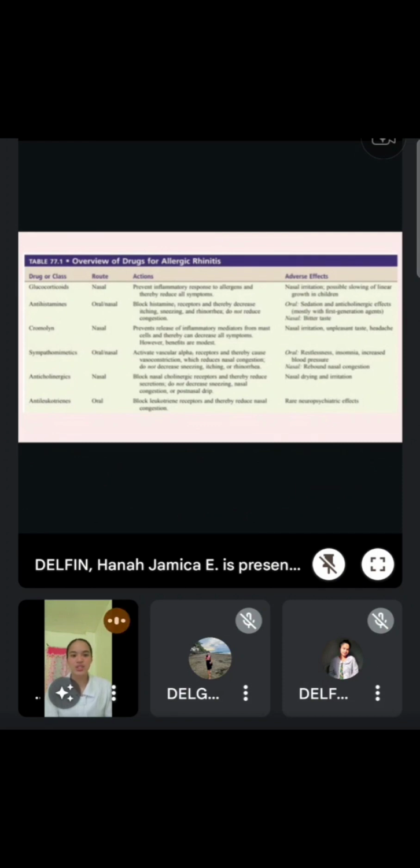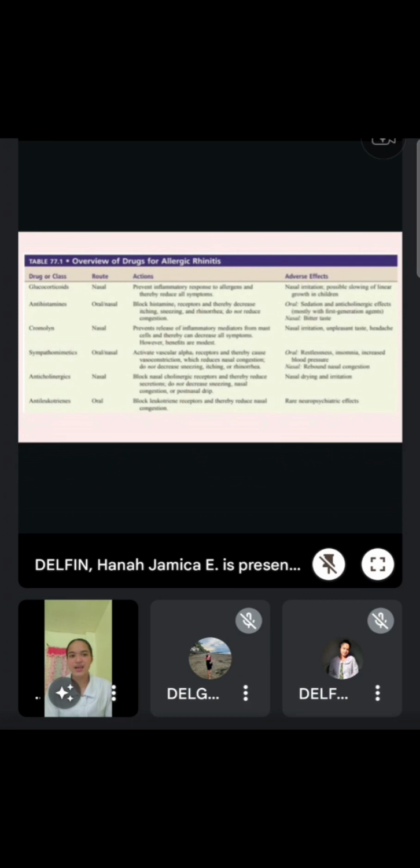If nasal congestion is present, a topical decongestant should be used before cromolyn. Like the antihistamines and glucocorticoids, cromolyn should be dosed on a regular schedule throughout the allergy season.